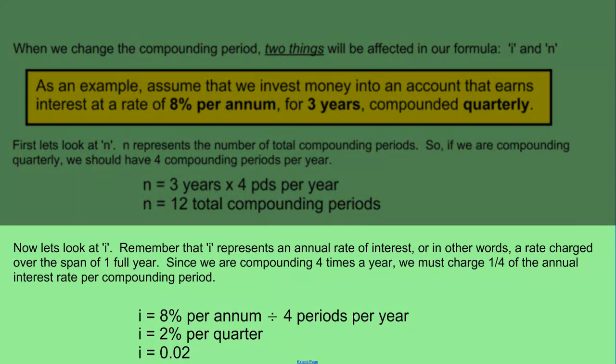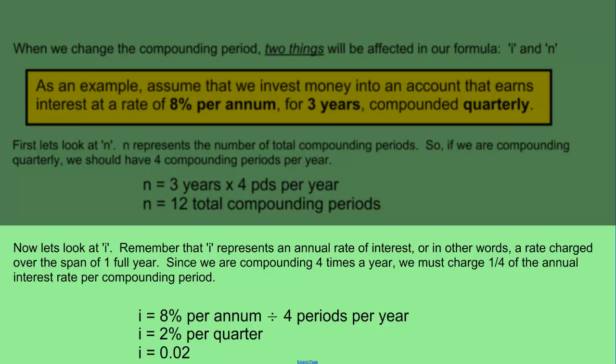Now let's see how the I changes. Remember, I represents your annual rate of interest, or how much that you're going to charge for interest over the entire year. But because we're compounding quarterly, it's not fair to take our annual rate of interest, 8%, and use that each time we compound in the year. That's way too much interest. That totals a total of 8 times 4, or 32% interest per year.